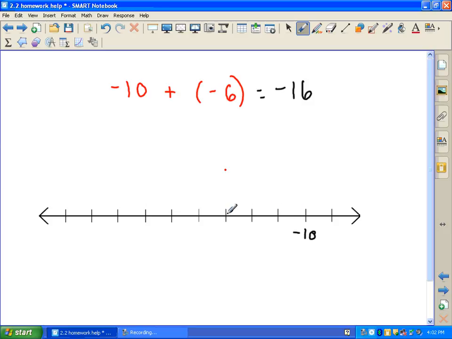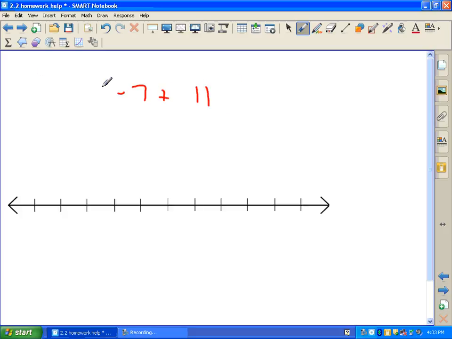So 1, 2, 3, 4, 5, 6 brings me over here, and that is at negative 16. And that would be my answer. So because they're both negatives, they're both moving in the same direction on the number line, that makes it go further down into the negative. So we're adding these together, and the answer is negative.